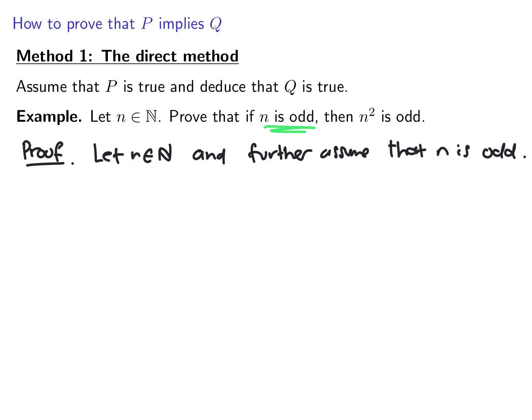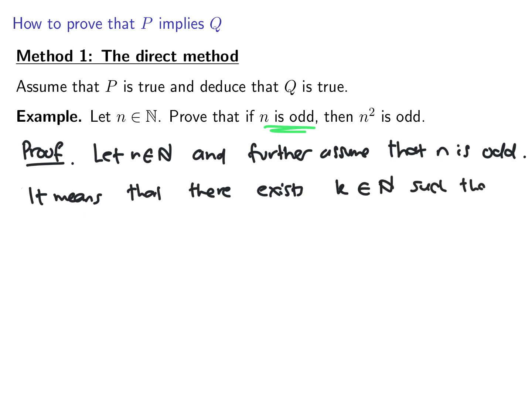Okay, so what is an odd number? An odd number is a number for which when you divide by 2, there's a remainder of 1, right? In other words, it means that there exists, let's call it k, a natural number such that n is equal to 2k plus 1.